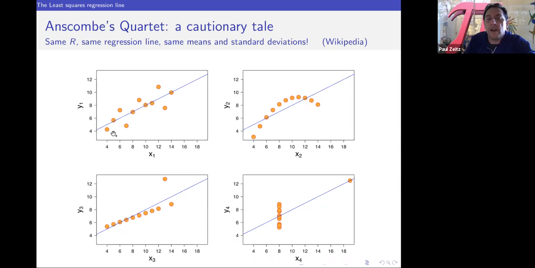It seems like knowledge about X1 gives you fairly reliable knowledge about Y1, right? If you know that X1 is 14, you would probably be predicting that Y is about 10. And you might even want to go out on a limb and say, I bet I know what would happen if X is 18. I bet Y would be about 12. That would be an honest kind of prediction.